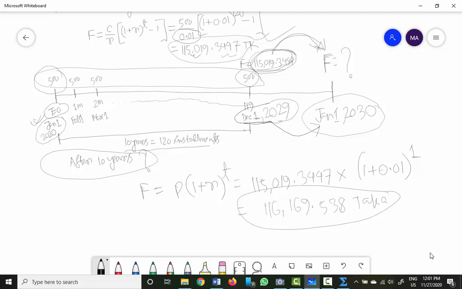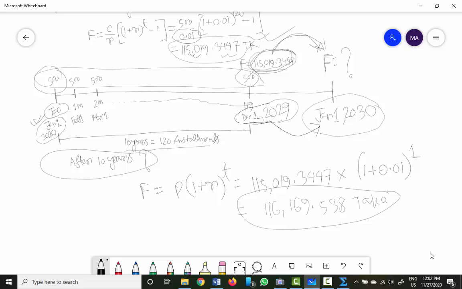At December 1 2029 you will make your last deposit, and the future value of all these cash flows, that means the future value of the annuity, you will get at the time of last deposit, at the time the account matures. The account matures at the time of last deposit. So the future value of annuity you will get at the time of maturity is 115,019 taka. This amount you will get at period December 1, 2029.